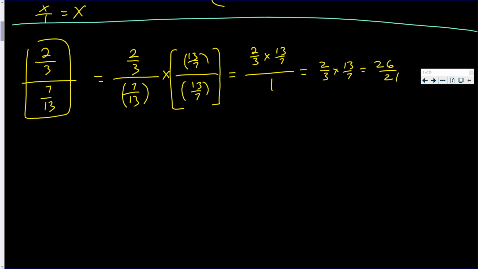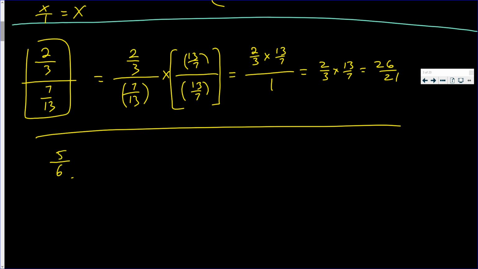Let's look at another problem. Sorry, how about no more 2/3 for now. Suppose you have 5/6 and you want to divide this by 7/15. I want to change the way it looks.